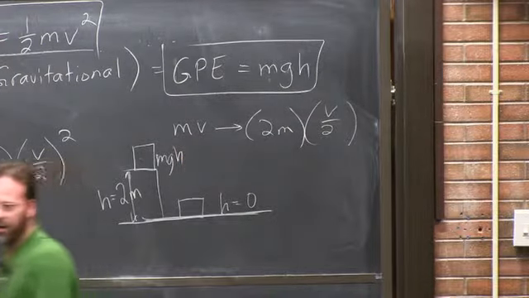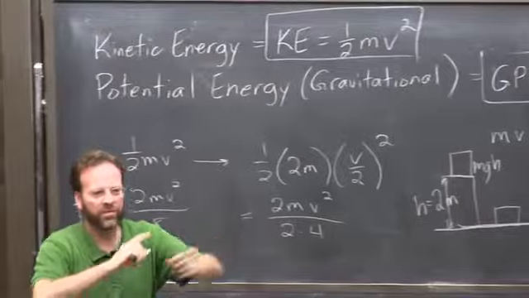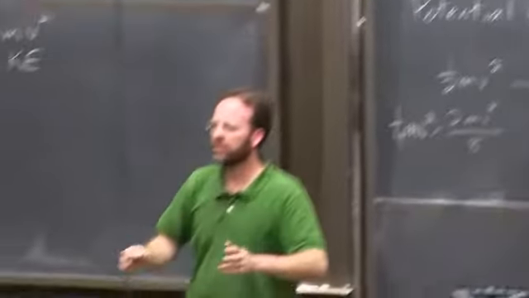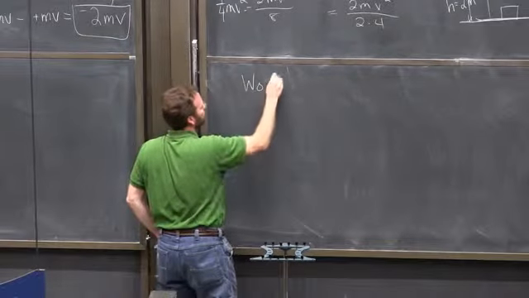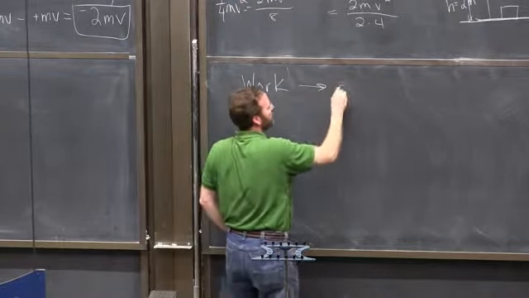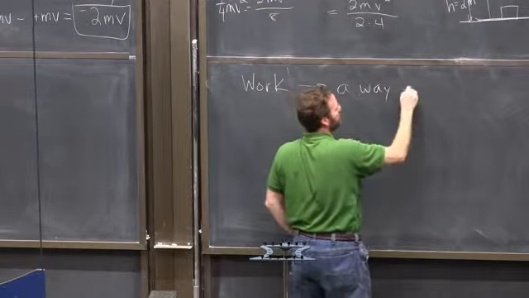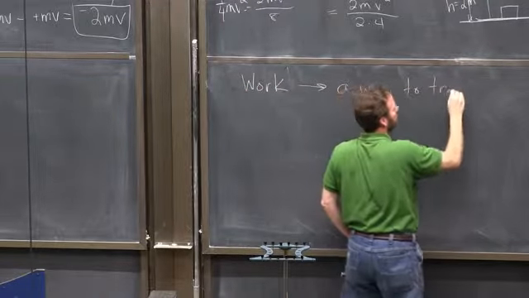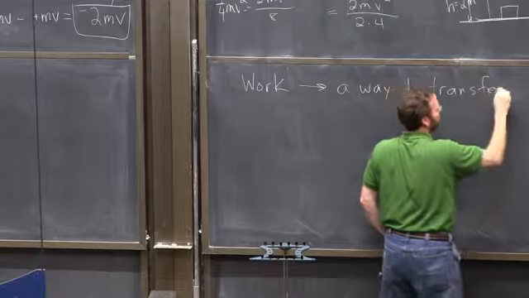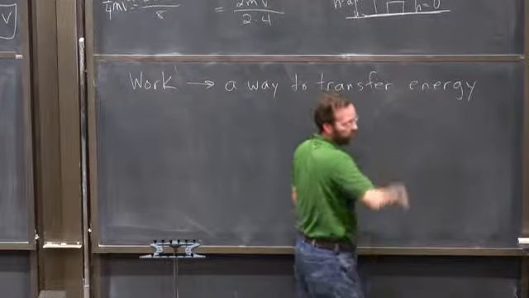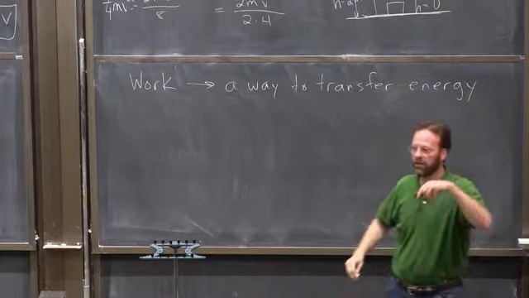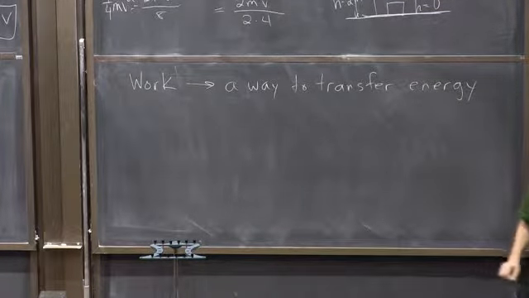To get it there, to transform between types of energy, or to move something, I've already used the term, but it's work. Think of work as a way to transfer energy. I used to, as a kid, well, actually, even when I was sitting right where you guys are, think and call work a form of energy.